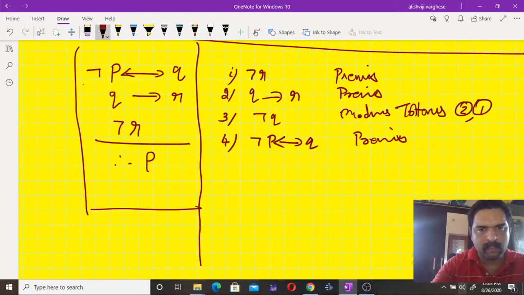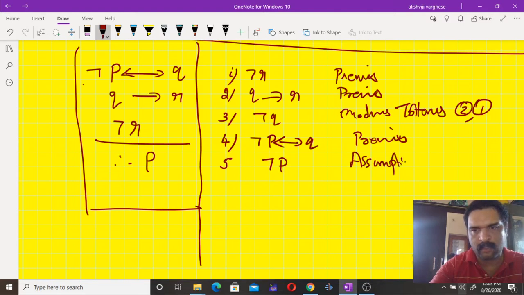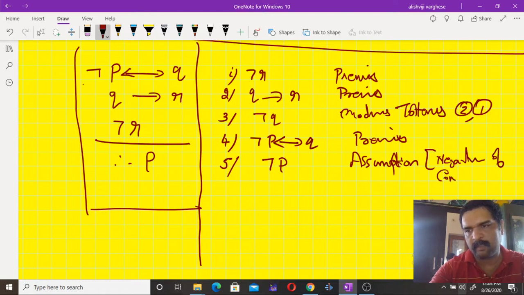So we just assume that P is not true. So this is our assumption, not a premise. It's an assumption, and we assume the negation of our conclusion, negation P. So we have negation P and negation Q.